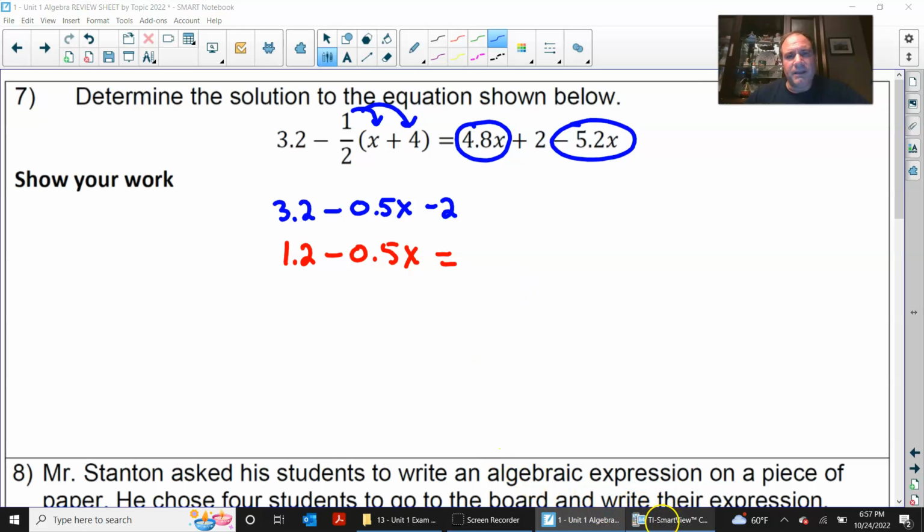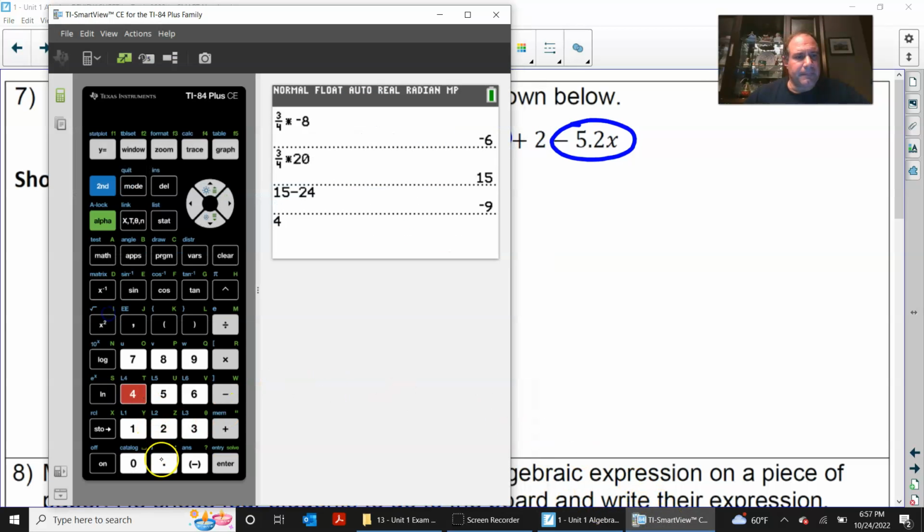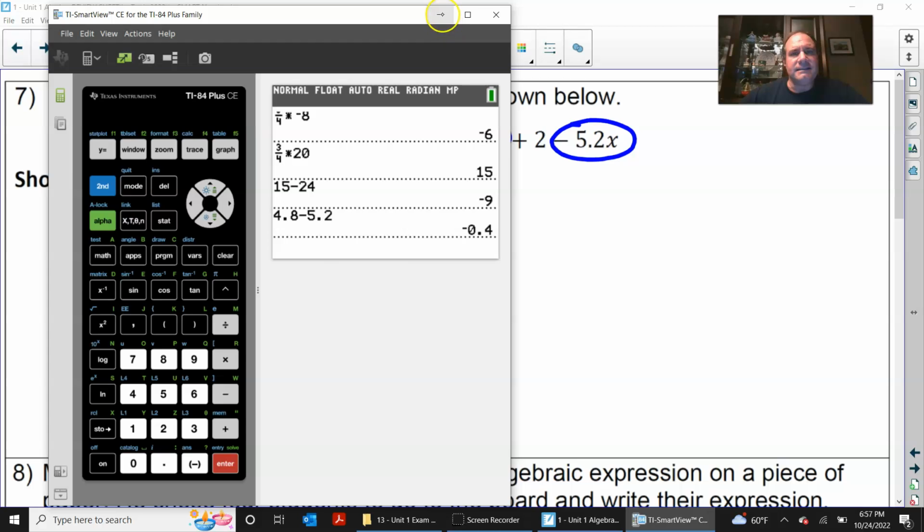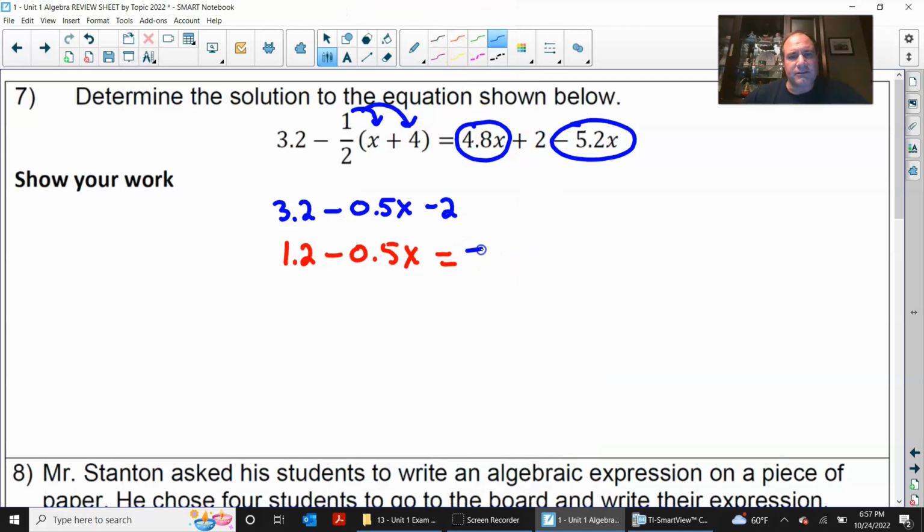So we have 4.8 minus 5.2. I just want to make sure that I get this right. And it's negative 0.4x plus 2.